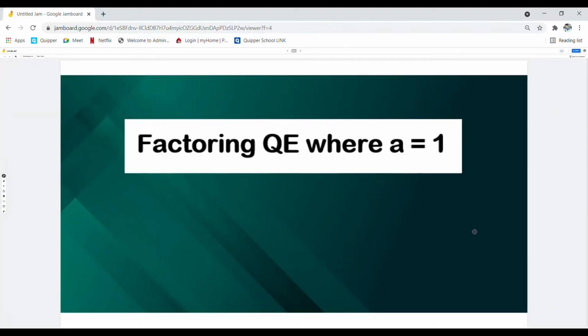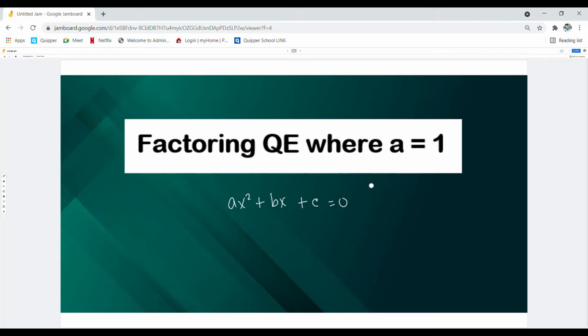And then here, our main objective is to do solving quadratic equations by factoring. That's why we have a factoring QE where A is equal to 1. If you can recall, our standard formula for the quadratic equation is ax squared plus bx plus c equals 0.